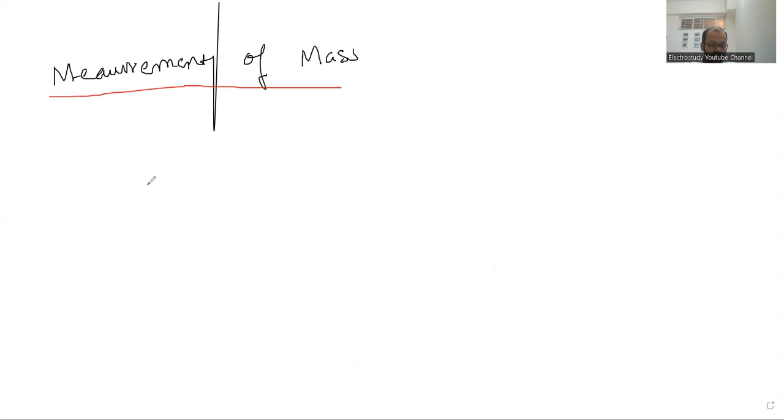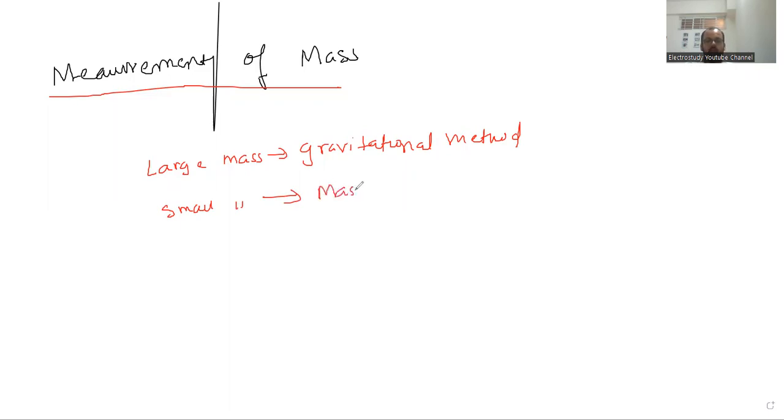For large mass, go for the gravitational method. Very, very important. If it is small mass, go for the mass spectrograph. This may be asked. Make a note of this.